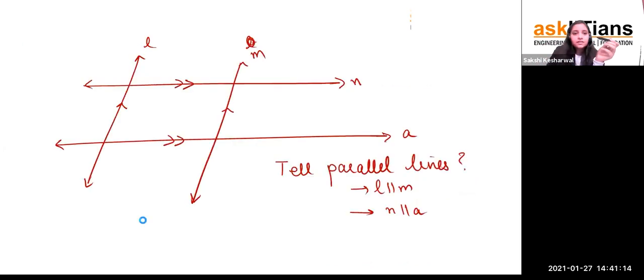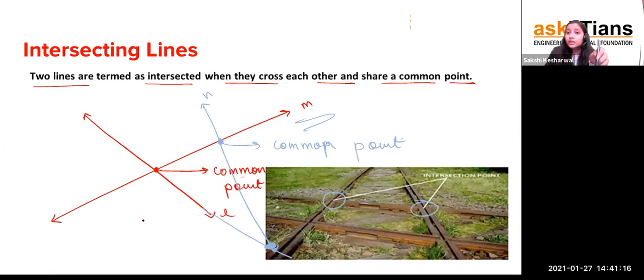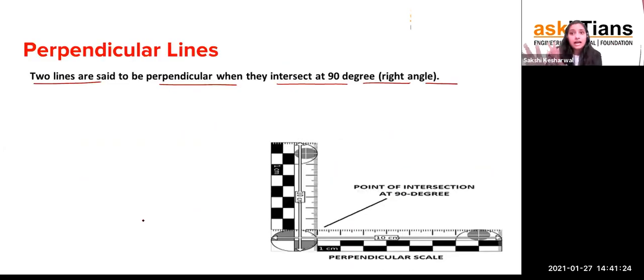In the previous slide, we saw that the lines were intersecting at any angle. The angles were not specific. But when the lines intersect specially at 90 degrees, we say that these are perpendicular lines, and that is the point of intersection.